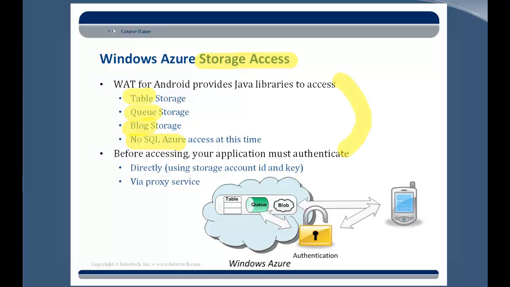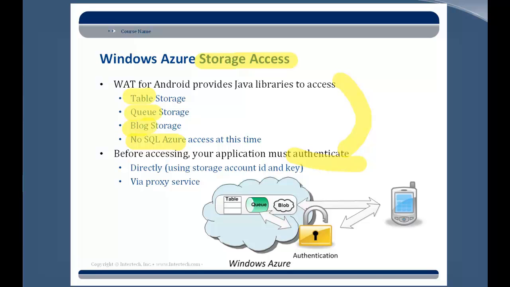We also have the ability to authenticate. In fact, applications that you write from an Android perspective that need to access one of these services also have to have that authentication in place before you can access any one of these storages. Makes sense. You don't want people just going in, grabbing your data and changing your data without some sort of authentication.